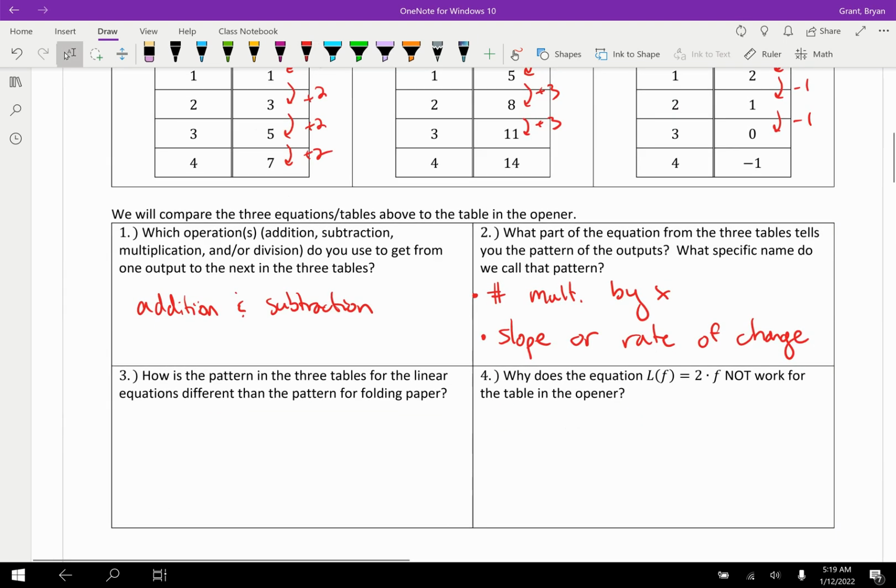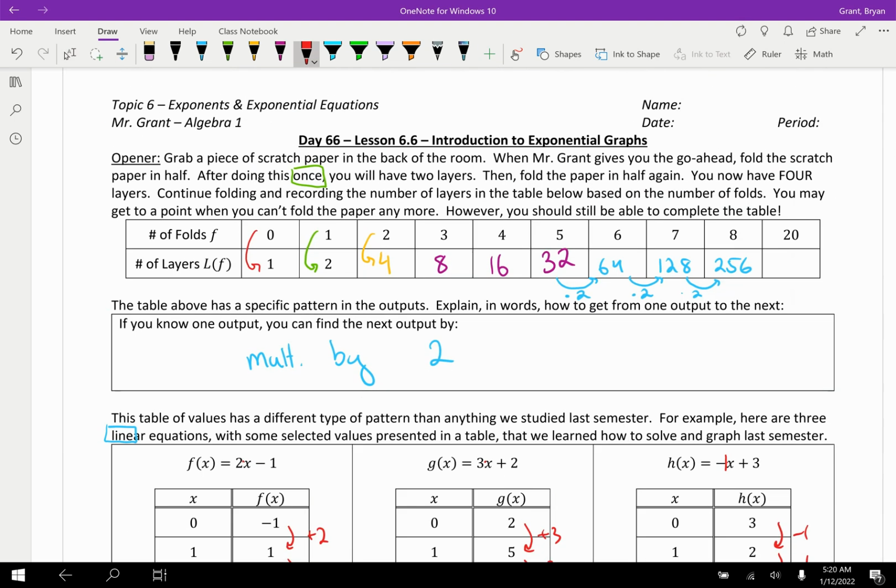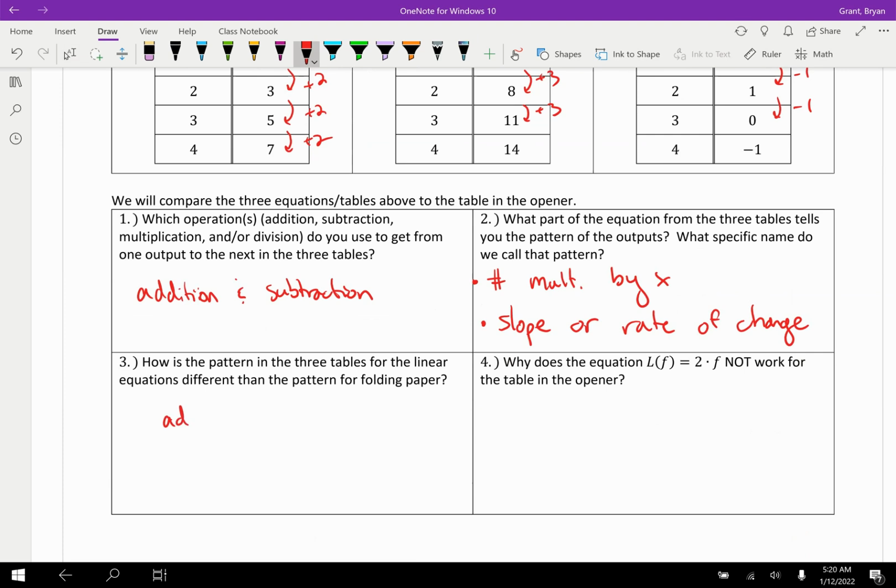All right, now how is the pattern in the 3 tables for the linear equations different than the pattern for folding our paper? Well, in the linear equations, we added or subtracted, but in the folding paper, it looks like we multiplied. Okay, so I'm going to say add and subtract versus multiplication.